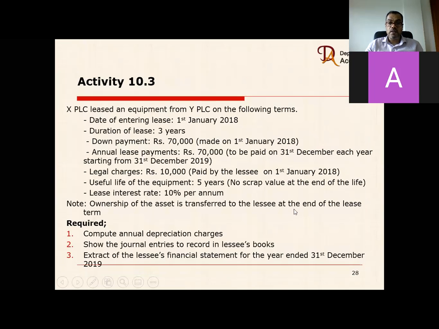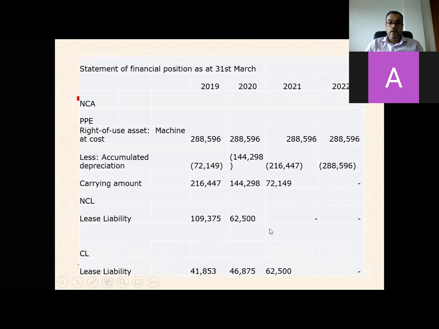When it comes to lease liability, there is a requirement based on LKAS 1, presentation of financial statements. Anything that falls in the category of current, within a 12 months period or within the operating cycle, has to be shown separately.